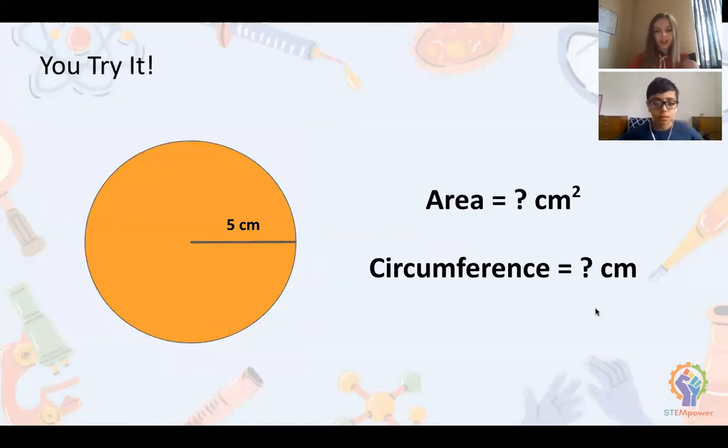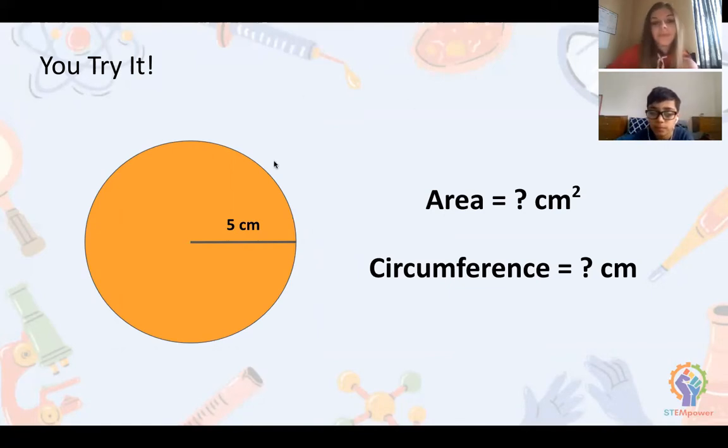Okay, so do you want to try finding the area? Sure. So basically it's like the area around the whole circle times the diameter.